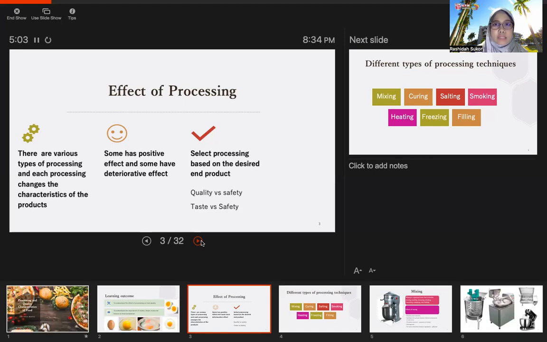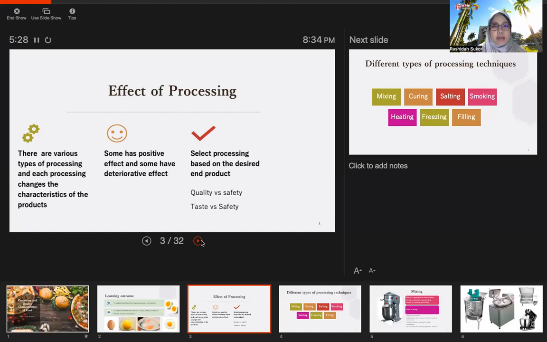Most of the processing used in food, the main reason is to make sure that the food is safe to be consumed and also to make sure that the food is of the quality provided by the food manufacturers. Some food processing has a positive effect.